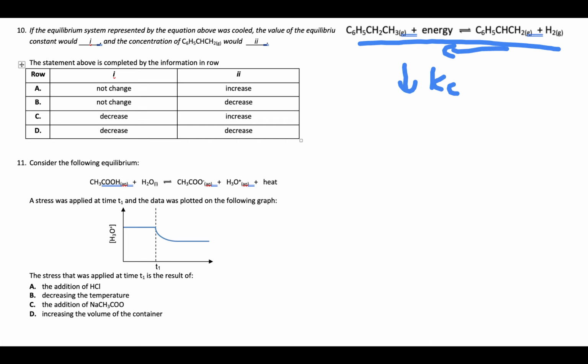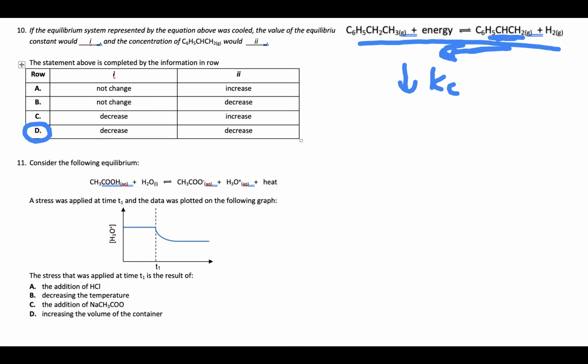More reactants, Kc's lower; more products, Kc's higher. Then it asks about the concentration of C6H5CHCH2, that would be this one here. If you are shifting to the left, that means your product had to be used up to make reactants, so your product would have to decrease. So the answer here is D, decrease and decrease.